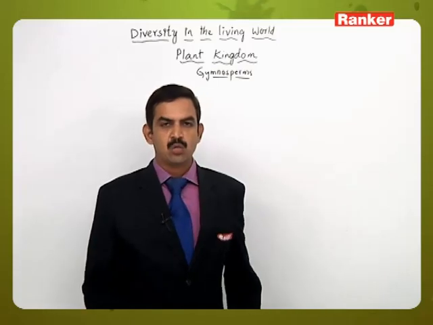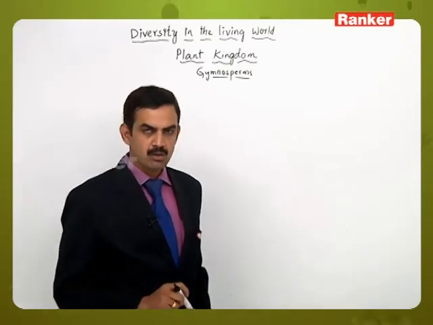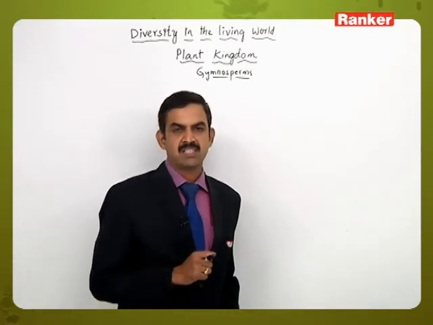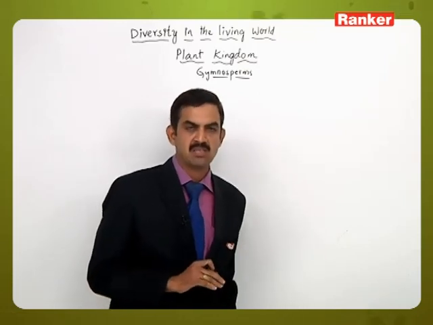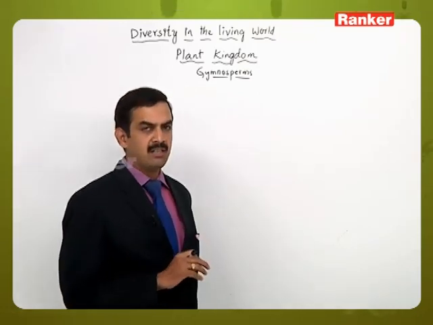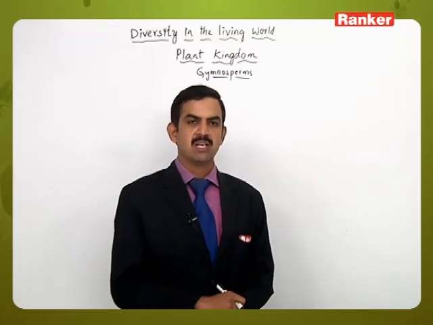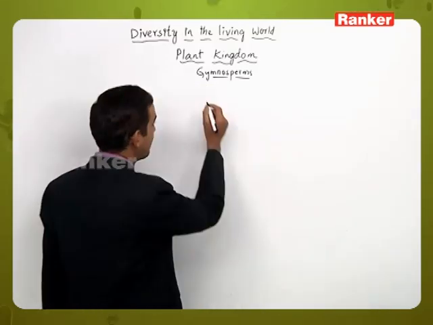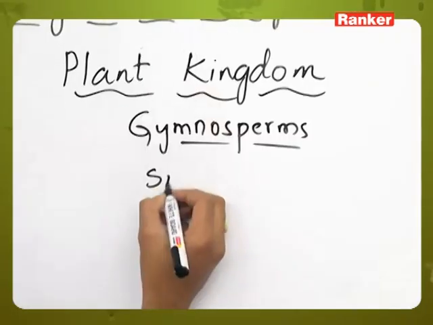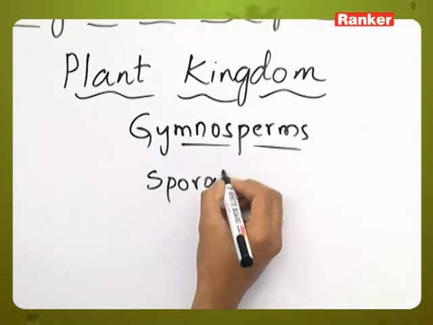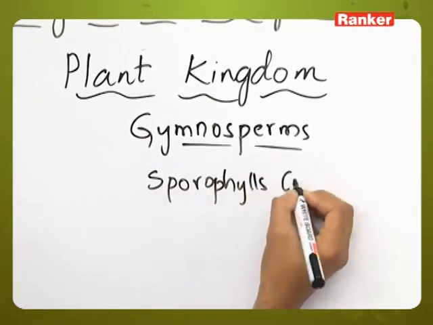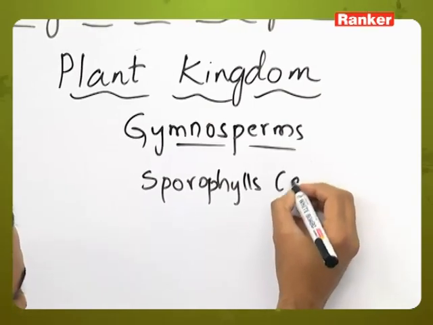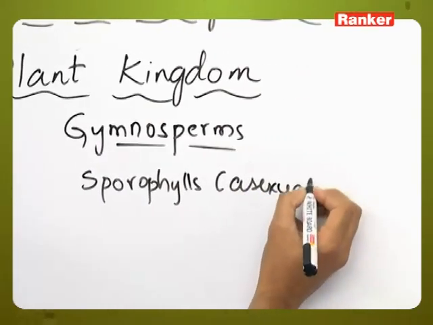The members will show generally apical growth in some of them, that is with the help of the apical meristems which are present in the stem region. When the plant enters into the reproductive stage, they start producing the reproductive structures called sporophylls, and these sporophylls are generally considered to be the asexual structures.